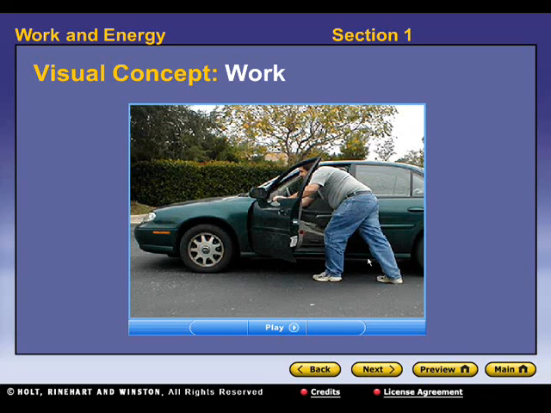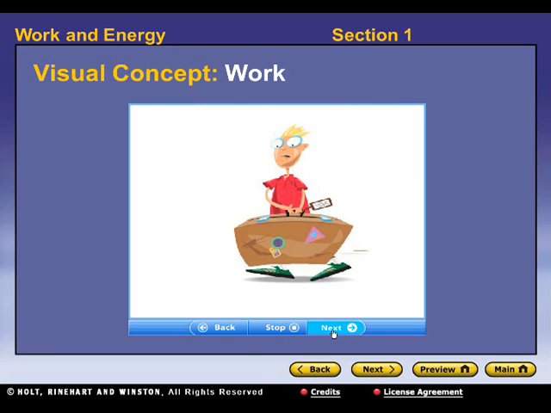Alright, so let's listen to this visual concept here about work. While it may seem like work to push a car, in science no real work is done unless the car moves. Work is done when a person picks up a suitcase because the suitcase moves in the same direction as the force.